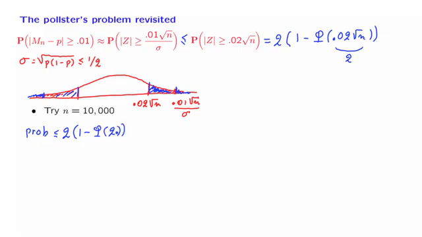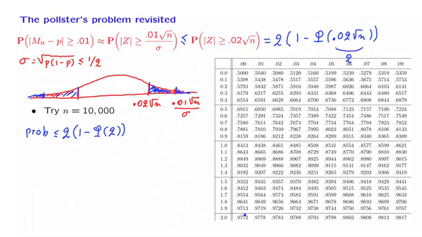And now we invoke the standard normal table, and from the normal table we obtain that this quantity is equal to twice 1 minus 0.9772, which evaluates to 0.046.